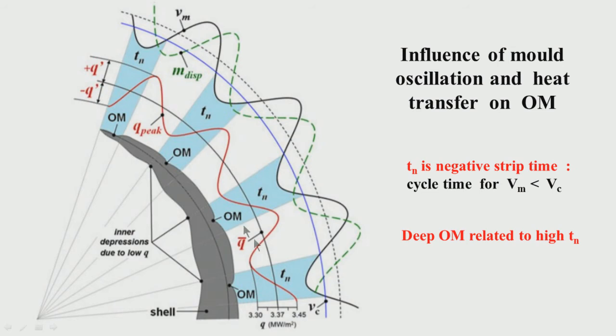The base heat transfer line is say 3.37 megawatt per meter square, and then there is an oscillation in heat transfer. This oscillation in heat transfer is basically because of the oscillation of the mold. There is oscillation of the mold displacement, there is oscillation in the mold velocity, so there is an oscillation in the heat transfer as well. So, look at what is happening.